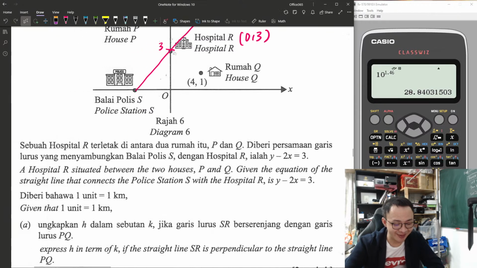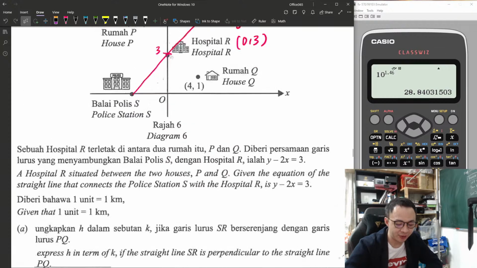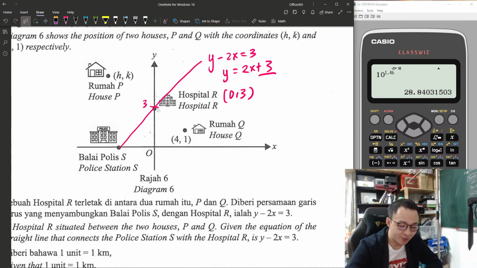Then it's given 1 unit equals 1 km, so easier for us. Express h in terms of k if the straight line SR is perpendicular to PQ. So SR is perpendicular to PQ. Alright, nice. This is what the question told us. Even though they might not look perpendicular, we just assume they are perpendicular, okay?